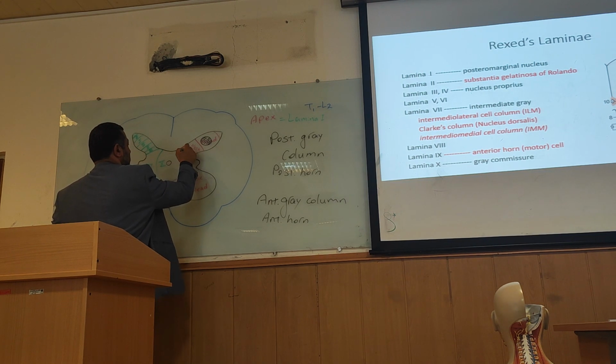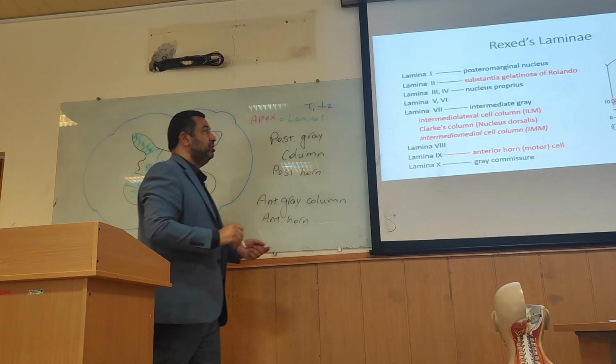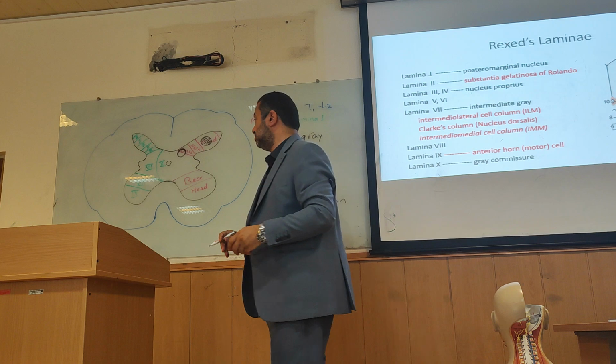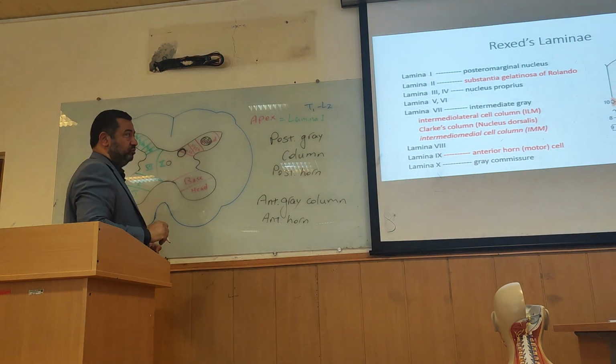Okay? And in the base of the posterior gray column and posterior part of the intermediate gray column here, there is another nucleus that is called Clark's nucleus or nucleus thoracicus or nucleus dorsalis. Here is Clark's nucleus.